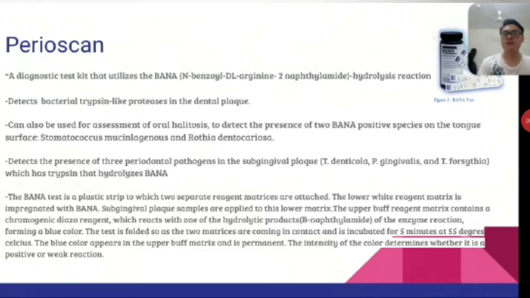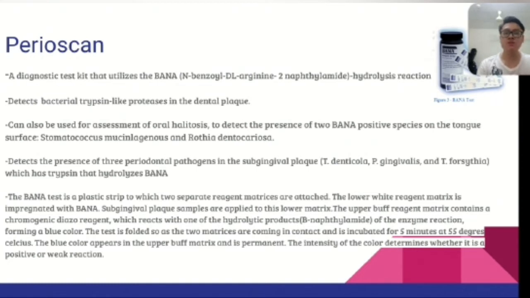PerioScan is a diagnostic test kit that utilizes BANA to assess a hydrolytic reaction. It detects the presence of bacterial trypsin-like proteases in the dental plaque. It can also be used for assessment of oral halitosis to detect the presence of 2 BANA-positive species on the tongue surface, which are Stomatococcus mucilaginosus and Rothia dentocariosa.